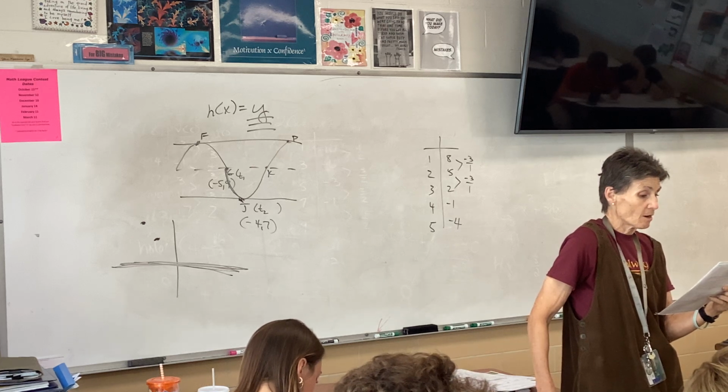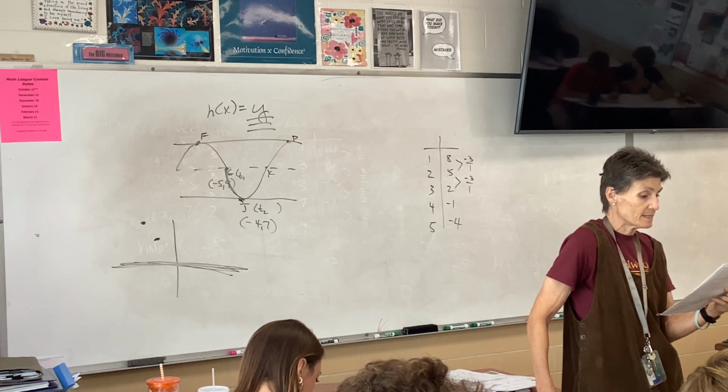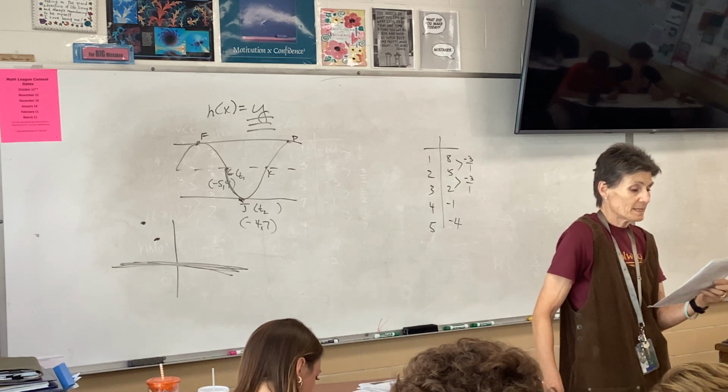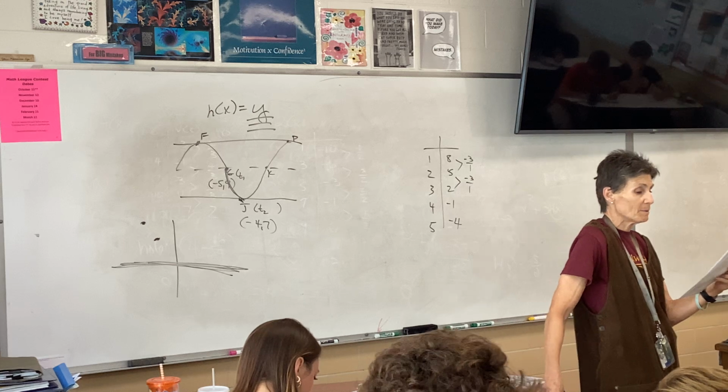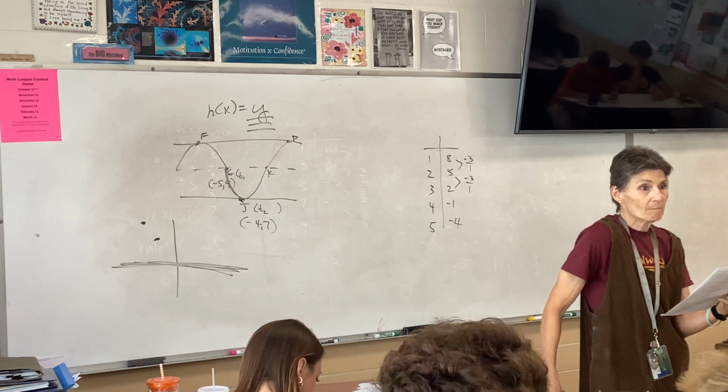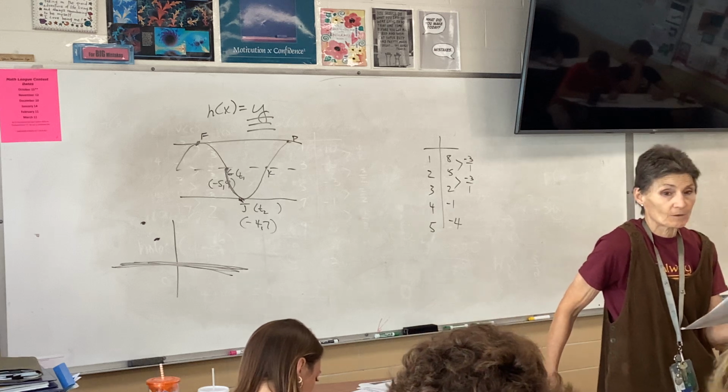Our options are A to B, B to C, C to D, and E to F. B to C. What's happening as you go from B to C? You are increasing, but your function is negative because it's under the x-axis.